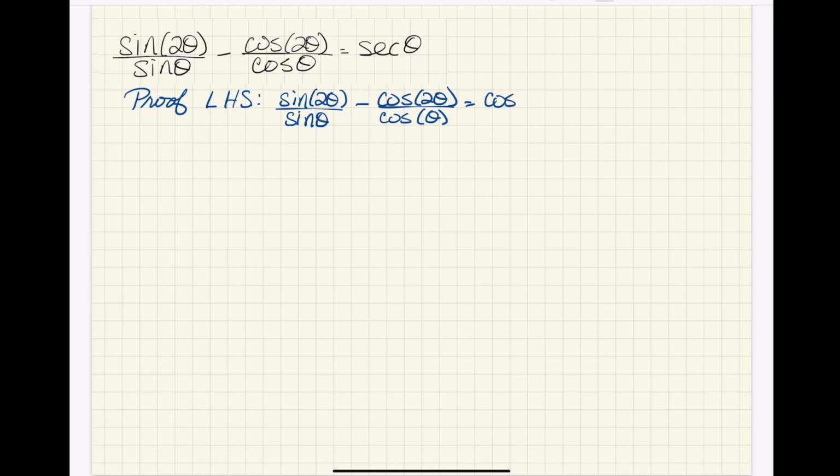So we have the cosine of theta times the sine of 2 theta minus the cosine of 2 theta times the sine of theta, and that is over our common denominator of the sine of theta cosine of theta.